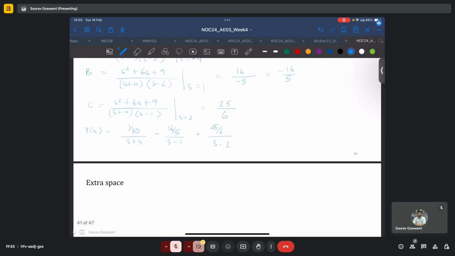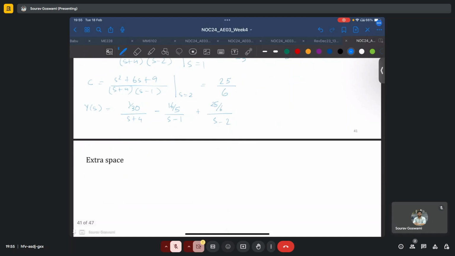And we are originally solving for the function small y of t, which is the Laplace inverse of capital Y of s. Thus, y of t can be obtained by taking the inverse Laplace transform of these functions. So 1 by 30 by s plus 4 minus 16 by 5 by s minus 1 plus 25 by 6 by s minus 2.